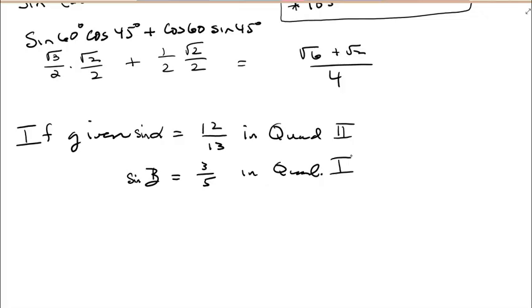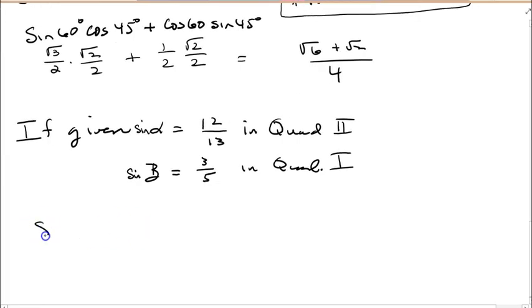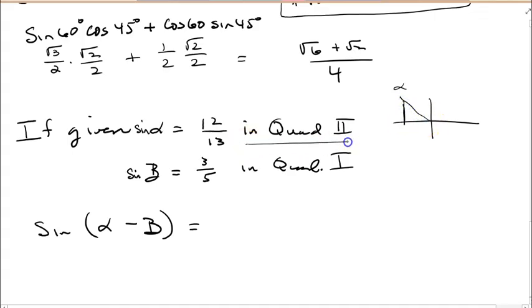Okay, from here, we can do various things like, hey, what if I wanted the sine of alpha minus beta? Well, I can get the sine of alpha minus beta by drawing each of these. So let's draw alpha here in quadrant 2. It's given that it's in quadrant 2.